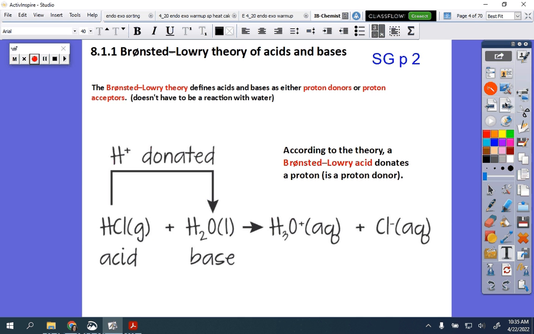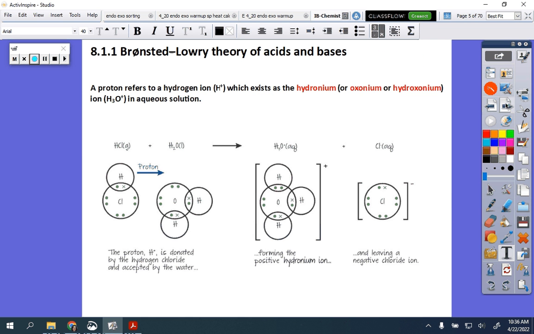The thing that gave up the proton is the acid. The thing that took in the proton is the base. Okay. So in this reaction, on our reactant side, the HCl is the acid, the H2O is the base. And this slide is just another way of showing it with the electrons, basically a Lewis dot structure of it. Yeah.